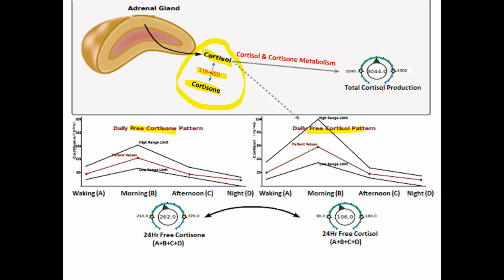Most of what's produced is metabolized to cortisol and cortisone metabolites. Not cortisol and cortisone, but tetrahydrocortisone, tetrahydrocortisol. These are the end products that end up getting excreted in the urine, and that's what's made out of cortisol and cortisone.